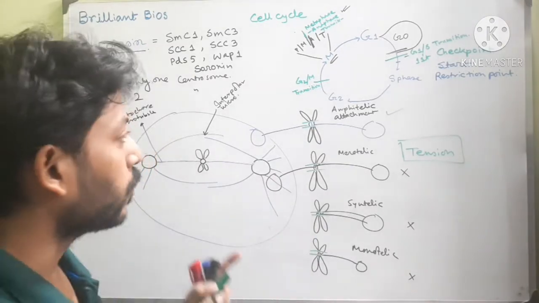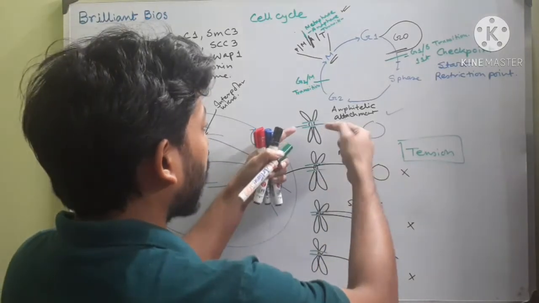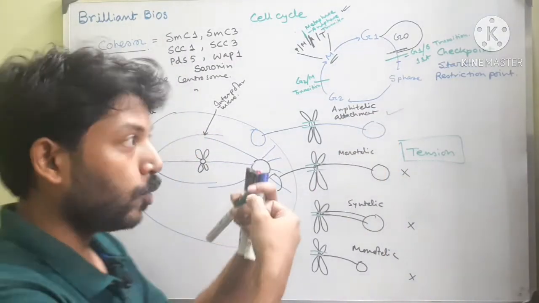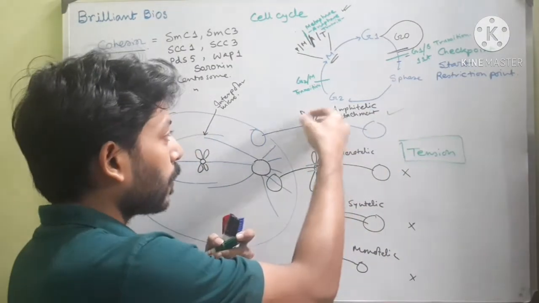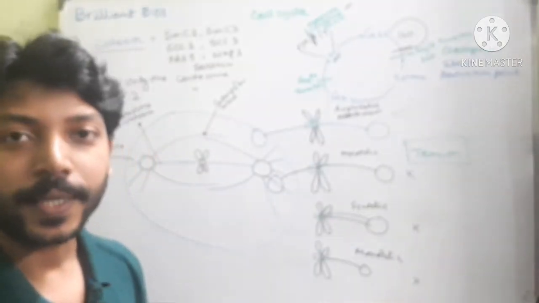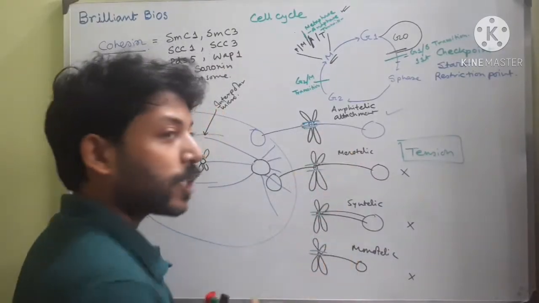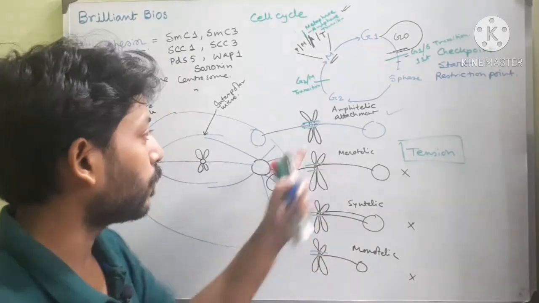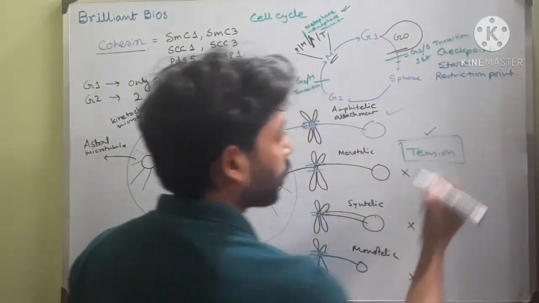When the microtubules attach with 2 different kinetochores from the 2 different centrosomes, they pull the 2 sister chromatids. And as I mentioned in my first story, in this region cohesins are present, so this cohesin prevents this pulling, so they create this tension.